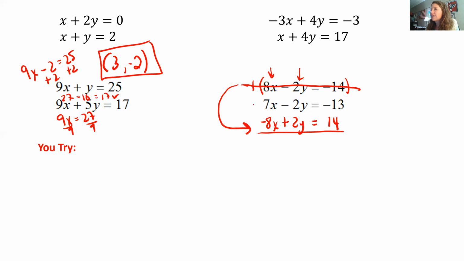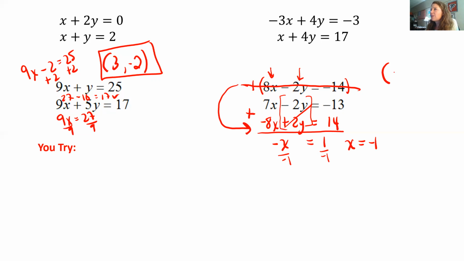Now this is what I'm combining right here. So 7x minus 8x is negative x. Negative 2y plus 2y is 0. And negative 13 plus 14 is positive 1. So if negative x equals positive 1, that means positive x must equal negative 1.